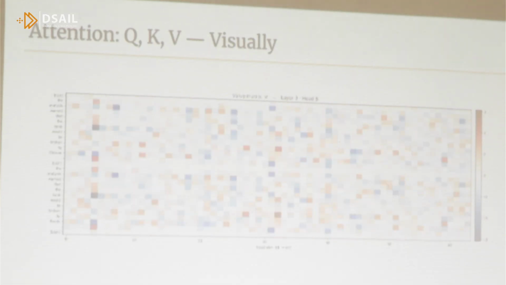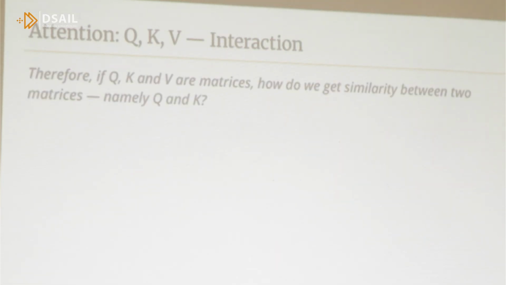This is V as well. But the question is, if Q, K, and V are matrices, how do we get similarity between two matrices, namely Q and K? Or let me ask the question a bit differently. We have done vectors. How many of us have done anything to do with vectors in math? How do you get similarity between two vectors? How similar two vectors are, or how close they are to each other?